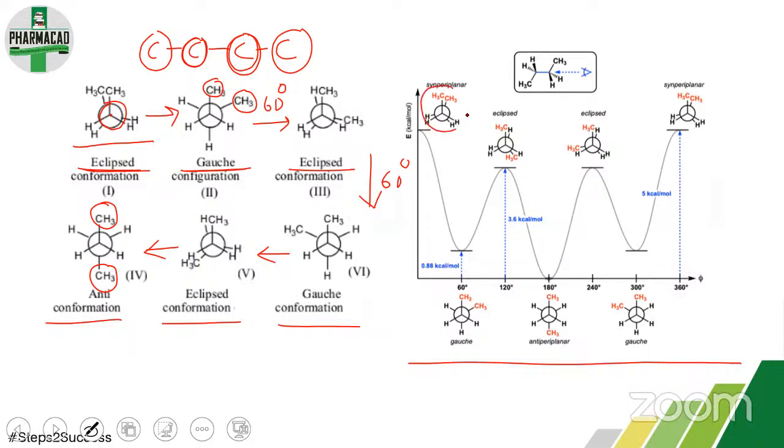The fully eclipsed requires this much energy, whereas this partial eclipse requires 3.6, this eclipsed again requires 3.6, and this eclipse requires 5 kilocalories per mole of energy. On that basis, we can conclude the stability order of all these conformers. We know that energy is inversely proportional to stability.